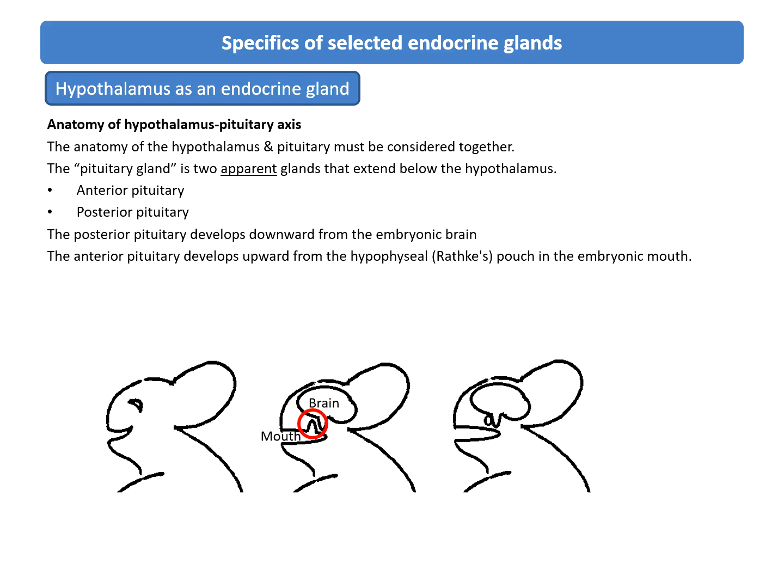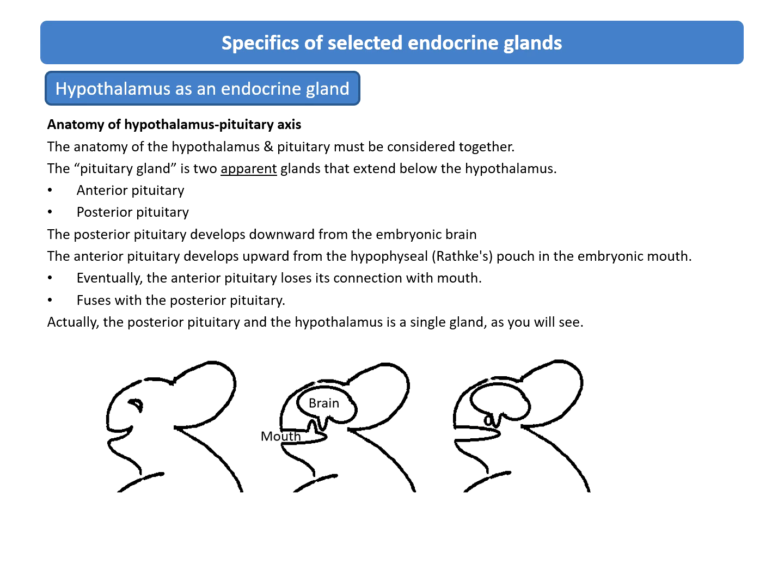The anterior pituitary develops upward from the hypophyseal or Rathke's pouch in the embryonic mouth. Eventually, the anterior pituitary loses its connection with the embryonic mouth. It fuses with the posterior pituitary. So actually, the posterior pituitary and the hypothalamus constitute a single gland, as you will see.